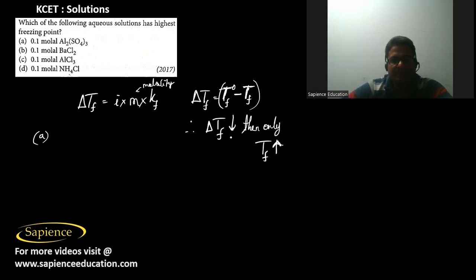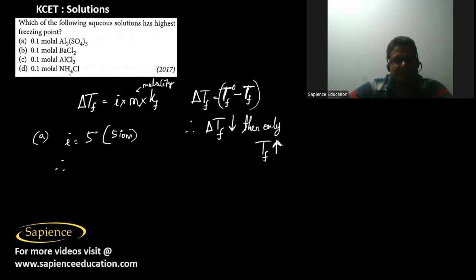So if the depression in the freezing point is the least, then only the freezing point of the solution is the highest. Now for option A, it is Al2(SO4)3. Here the Van 't Hoff factor i will be 5, since it will give 5 ions in the solution, 2 ions of Al3+ and 3 sulfate ions.